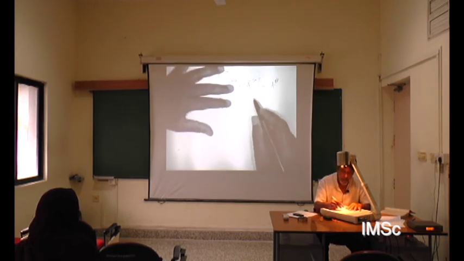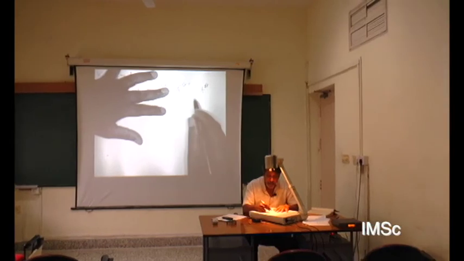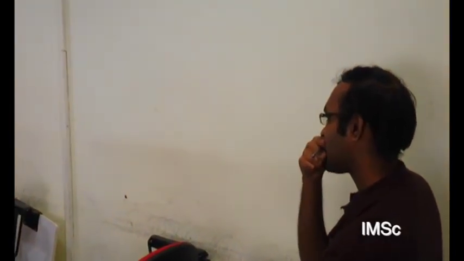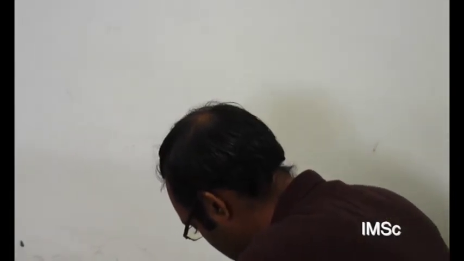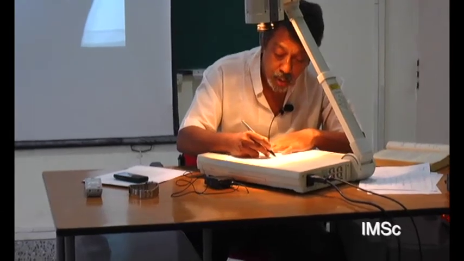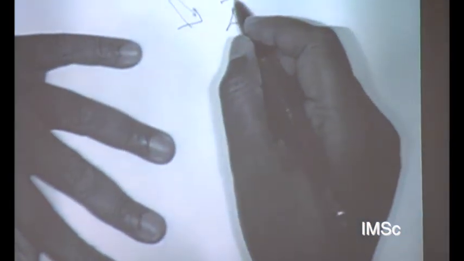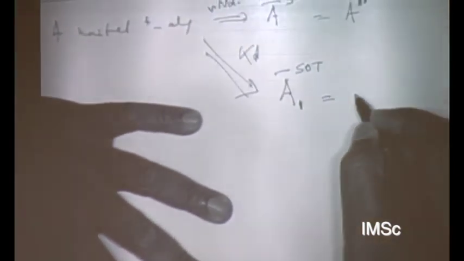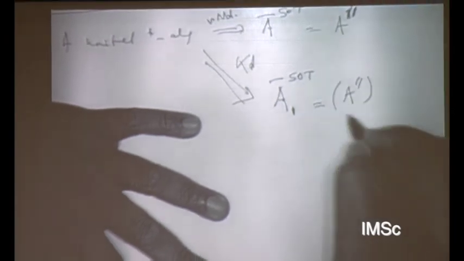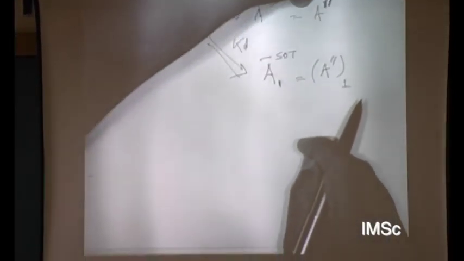But what Kaplansky says is: the Kaplansky density theorem will tell you that if you take the unit ball of A and then take the strong operator closure, that will be the unit ball of A double prime.